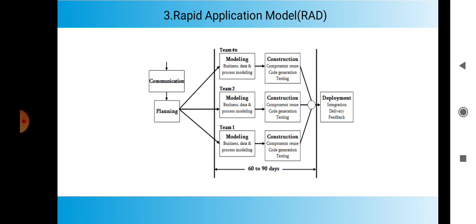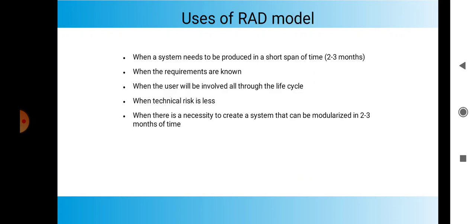Then uses of the RAD model. First, when a system needs to be produced in a short span of time, that means 2 to 3 months. If the time span is very short, then the RAD model is used.